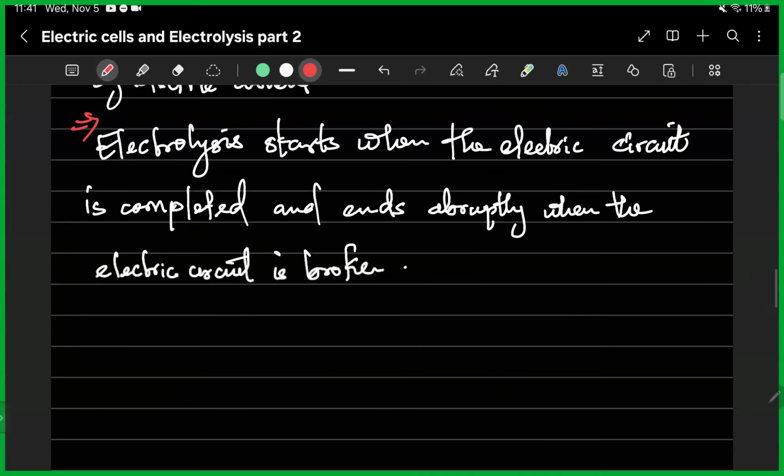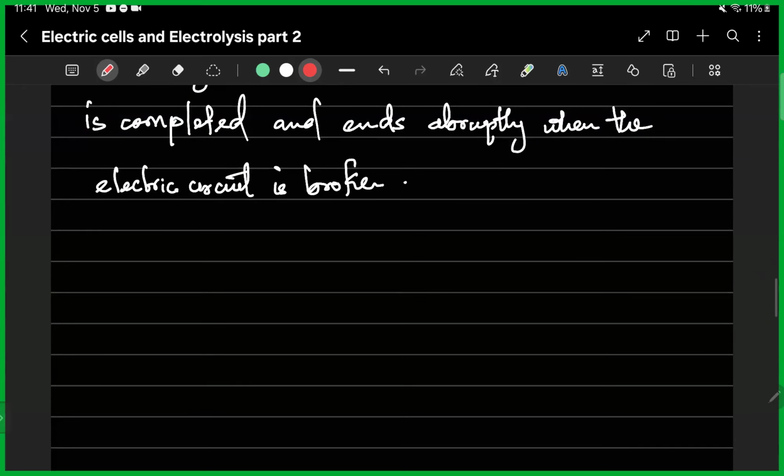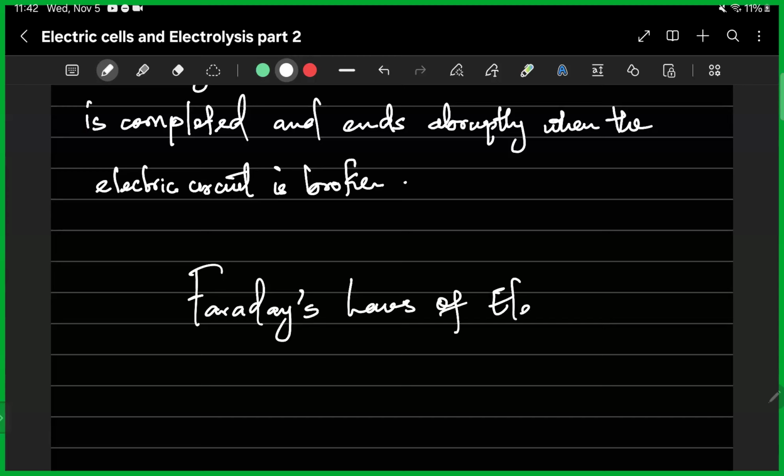So let's talk about another important concept now. Faraday's laws of electrolysis. There are two laws.